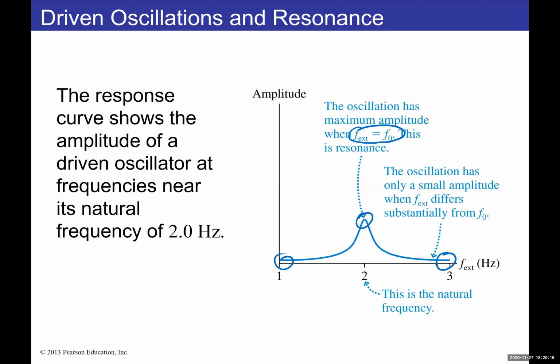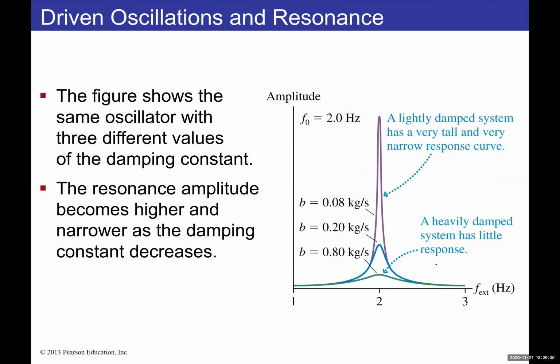Natural oscillation is generally very small, but when it matches some outside driving frequency, it can be amplified much greater. Depending on this constant b, you can really amplify the amplitude of the oscillation of your system.